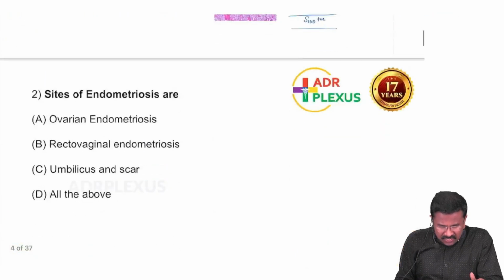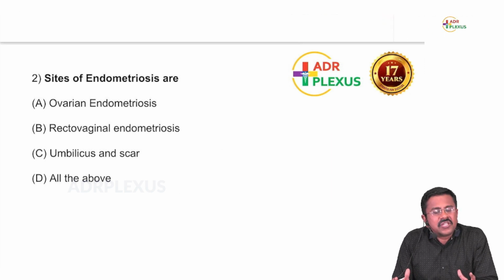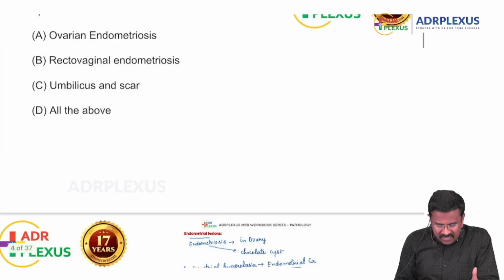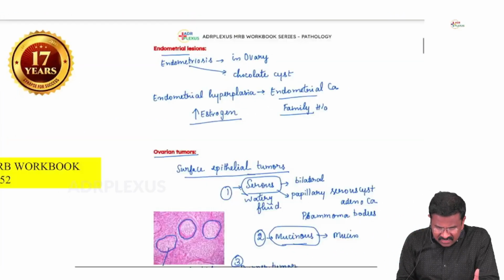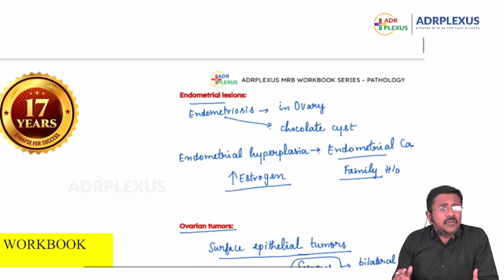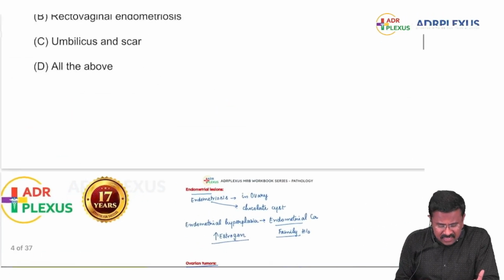Now let's move on to the next question. The sites of endometriosis are: ovarian endometriosis, rectovaginal endometriosis, umbilicus and scar, and the fourth option is all of the above. Like we discussed in our workbook series, on page number 52 we discussed endometriosis of the ovary, that is the chocolate cyst, and I hope you remember that the chocolate cyst was also asked in the radiology questions.